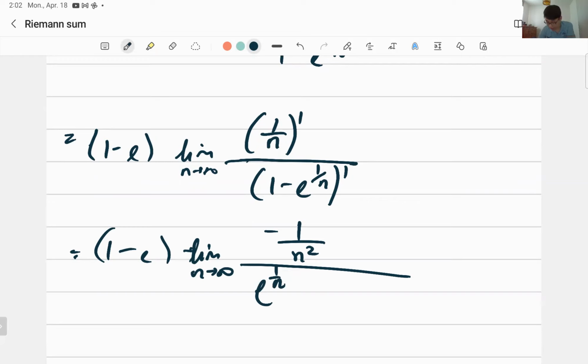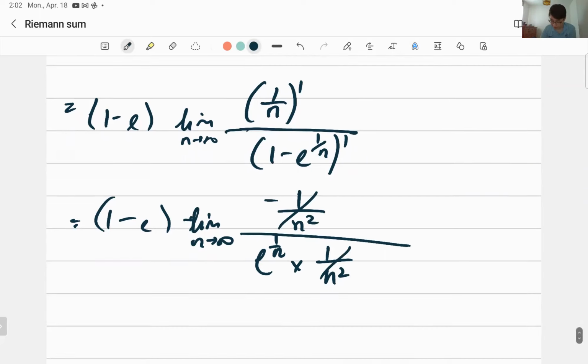There'll be 1 over 1 minus e, times the derivative of this one, which is negative 1 over n squared. And so negative and negative cancel out, and I got this one. All right, so again I can cancel this too.